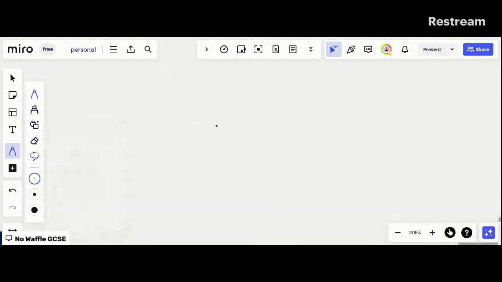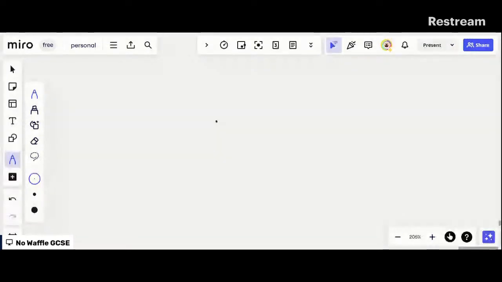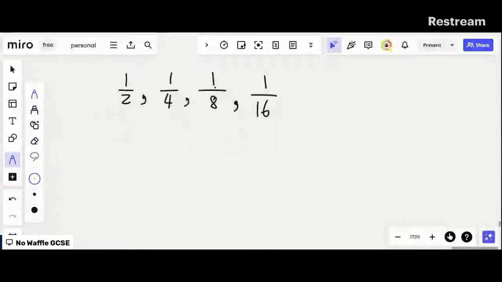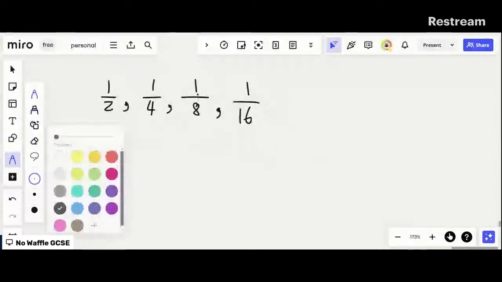So let me give you an example and teach you through that. Let's look at this sequence here. You have got 1 over 2, 1 over 4, 1 over 8, and 1 over 16. So this is a sequence here. Now, what is the nth term?